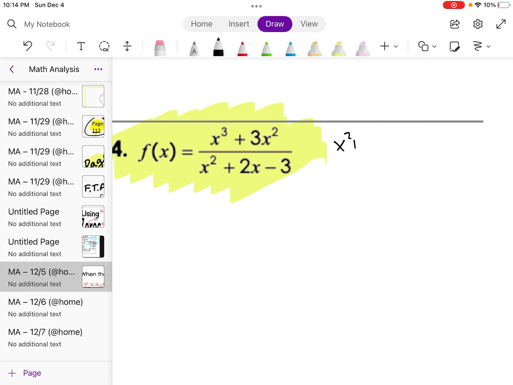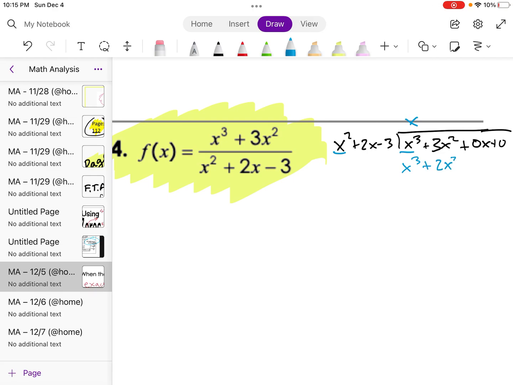So we can't do synthetic division, my bad. So we're going to put x squared plus 2x minus 3 on the outside, and x cubed plus 3x squared plus 0x plus 0. And let's solve through.